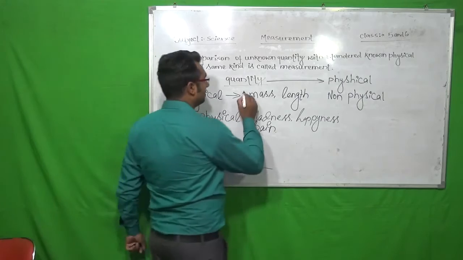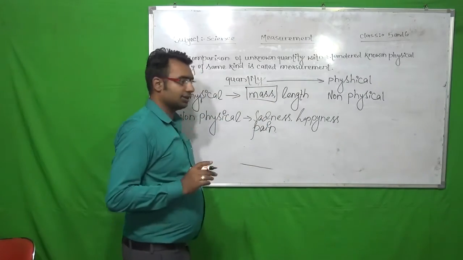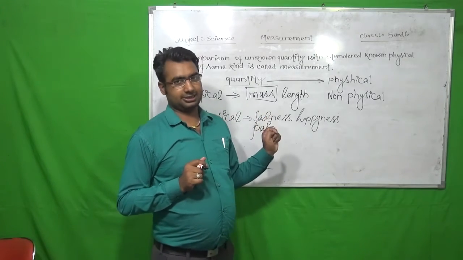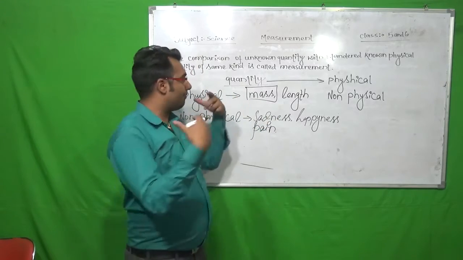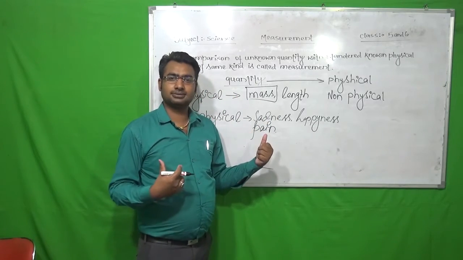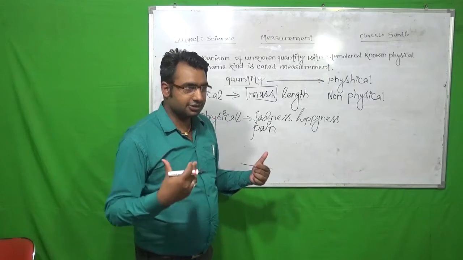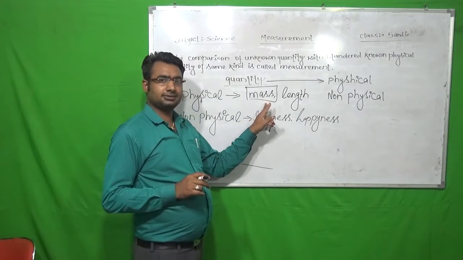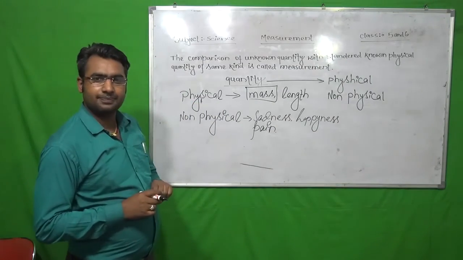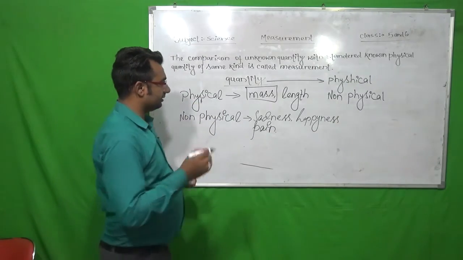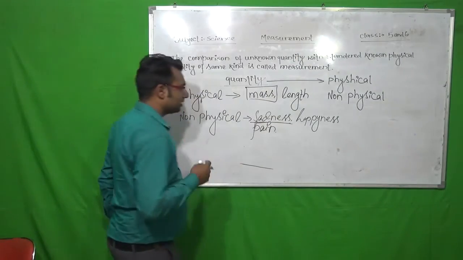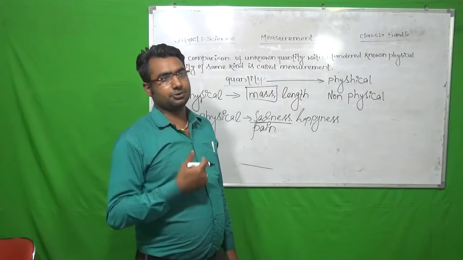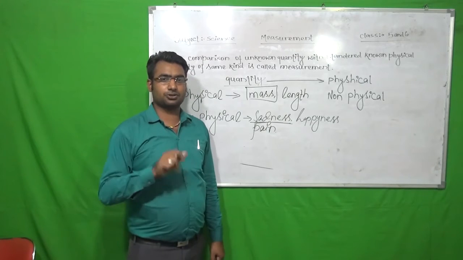Now try to compare those quantities. First of all, here mass is a measurable physical quantity. Mass can be measured by using a beam balance or digital balance. It means we can say that mass is a measurable quantity. That's why mass is considered a physical quantity. Here we can say sadness. Sometimes we can see people are sad, but the sadness of a person cannot be measured by using any type of instrument.